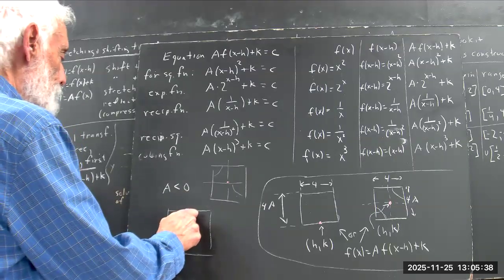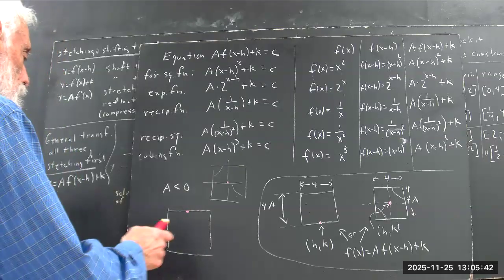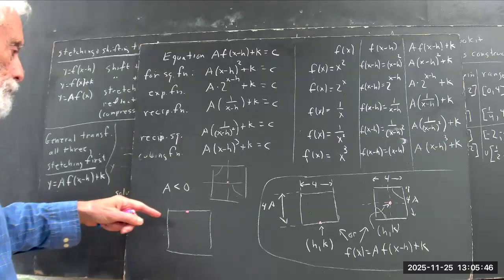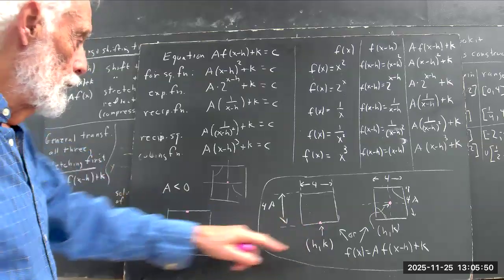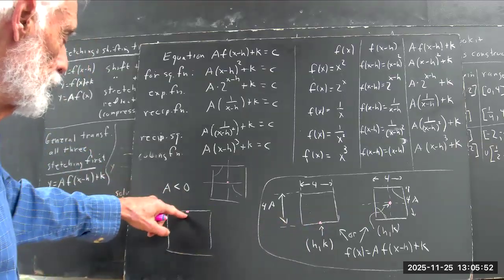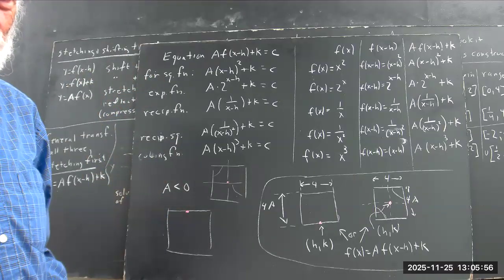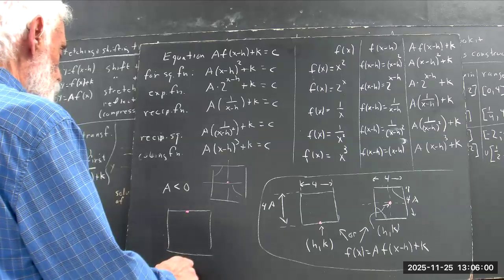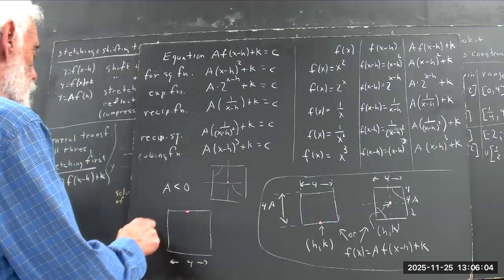If you have a function where the red dot is at the center of the lower edge, then if a is less than 0, it's going to go at the upper edge and your graph's going to be upside down. So it's still 4 by 4, not 4 by 4a.